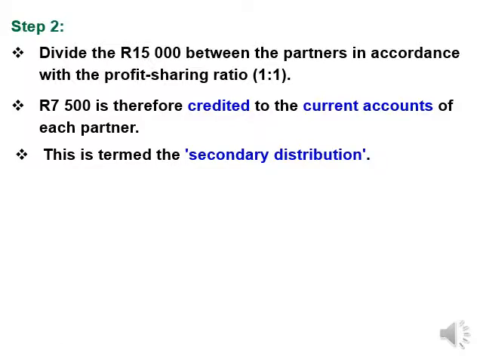And this is termed the secondary distribution. This happens after the primary distribution. So we first pay out the salaries and the interest on capital, and that is the primary distribution. That gives us the remaining profit, which we share according to the profit sharing ratio, and that is the secondary distribution. So what is the secondary distribution?